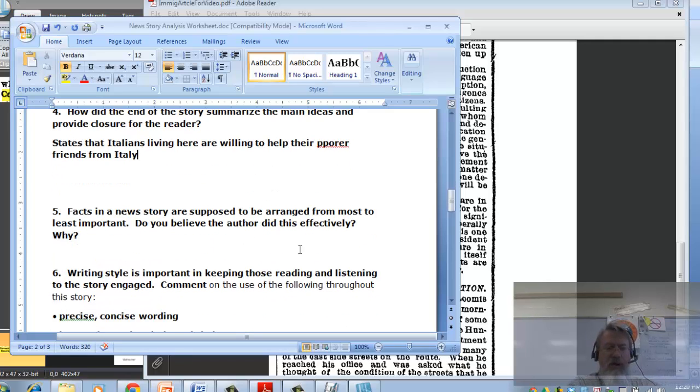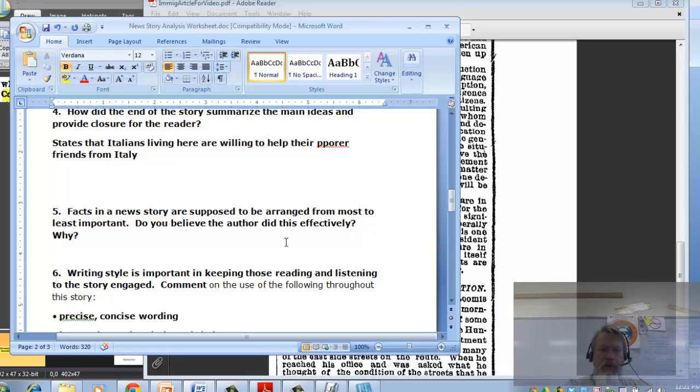So, facts in a news story are supposed to be arranged from most to least important. Do you believe the author did this effectively? Now, we're not going to do that right now, but you got to stop and think, why would that be beneficial? If they are arranged, it would help you analyze information better. It would also help you say, well, if this person organized their information in a thought-out way, perhaps it's more likely to be accurate.